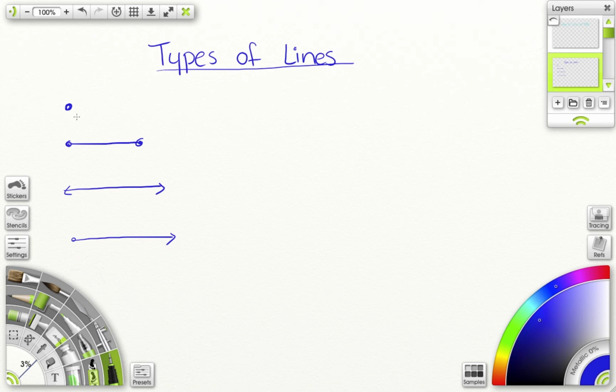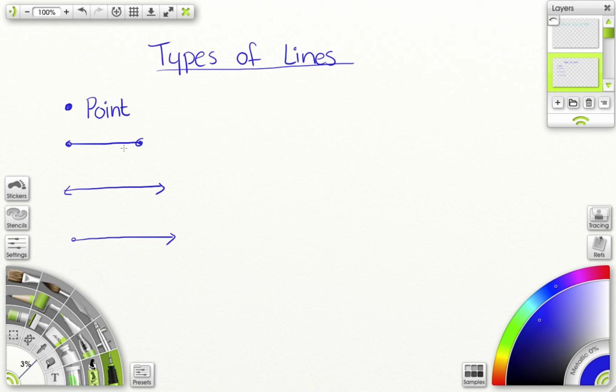So this first thing right here, this dot, is called a point. As you can see, you will sometimes see points on the lines themselves. That's how a line would be labeled.